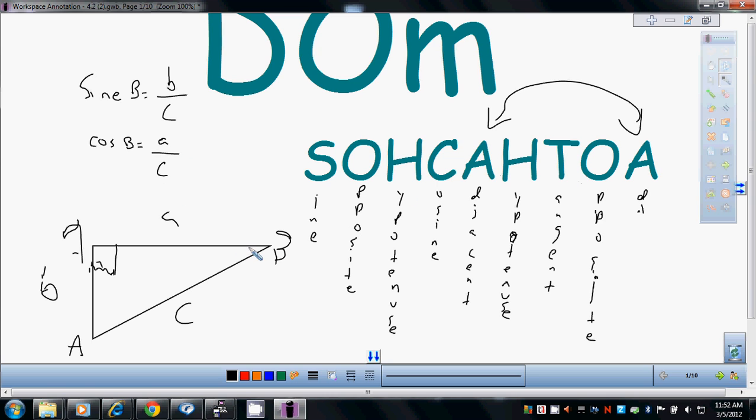Tangent is the opposite side divided by the adjacent side. So tangent of B equals little b over little a. It's the side that it's touching that's not the hypotenuse.